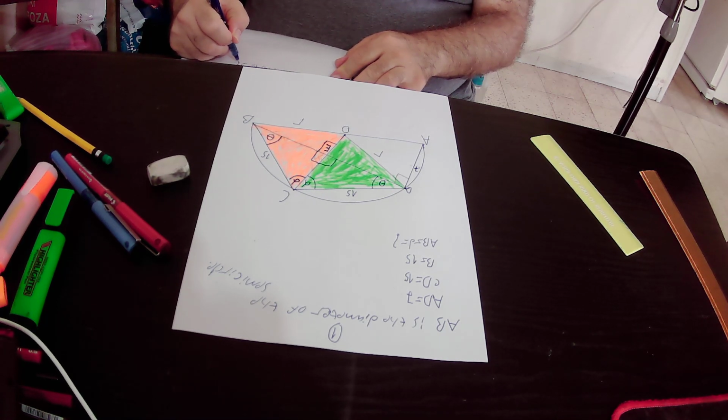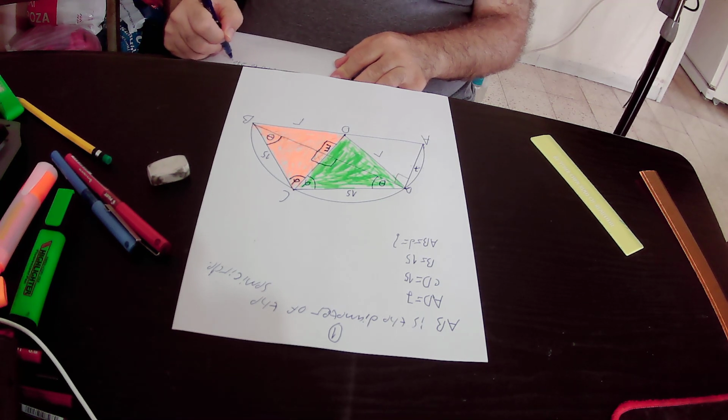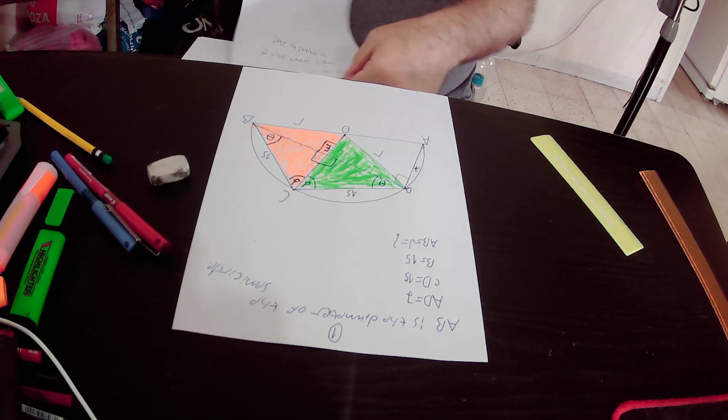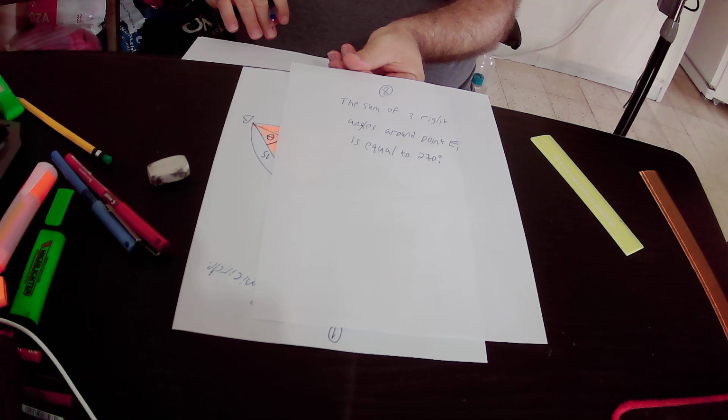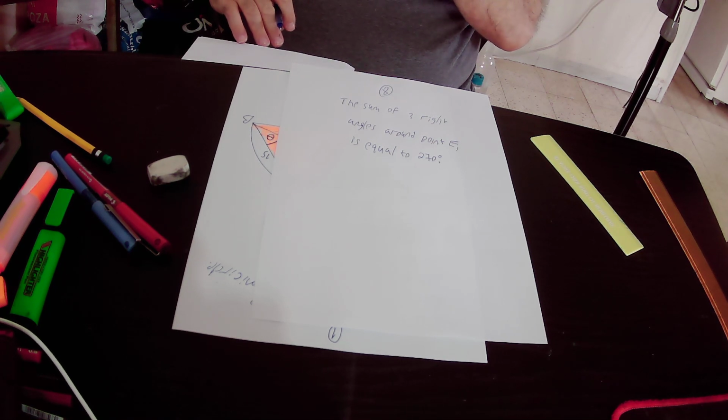That is 90 degrees times 3 is equal to 270 degrees. I read again what I wrote: the sum of 3 right angles around point E is equal to 270 degrees.